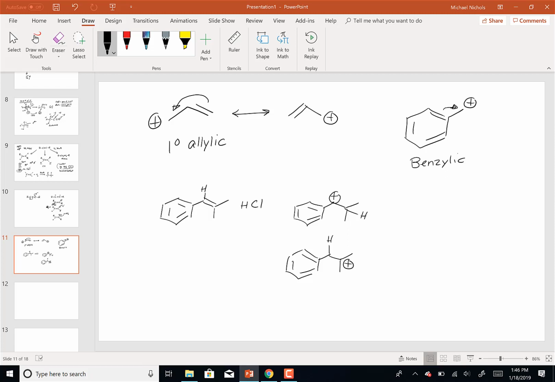So in the past, I would have said, we have a secondary benzylic carbocation versus a tertiary carbocation with no possible resonance structures. And so I would say, which one of those 2 is more stable? And I would have probably given preference to the secondary benzylic one.